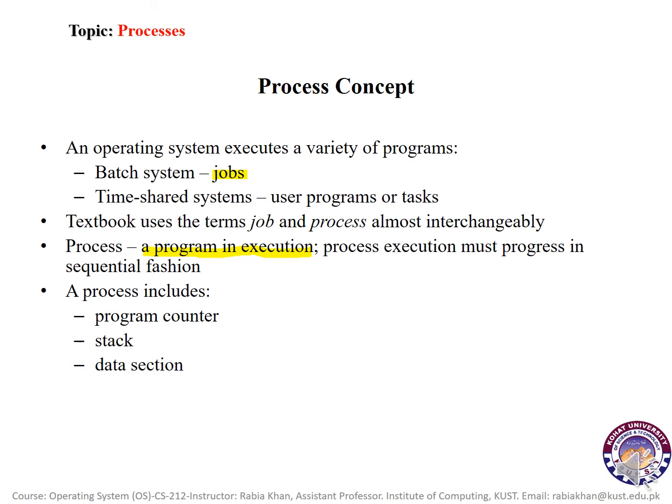Both are user tasks, user applications, user programs, but the job is that type of user application which is not being executed on processor, while a process is a user task, a user application or a user program which is in execution. That means it is being executed on processor. Process actually means an ongoing activity.